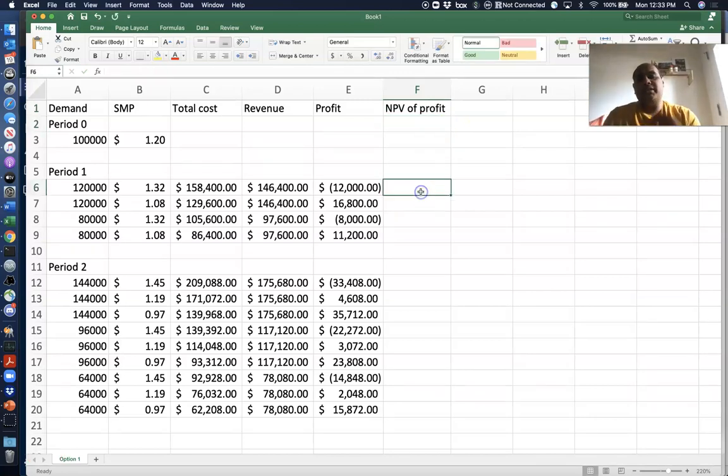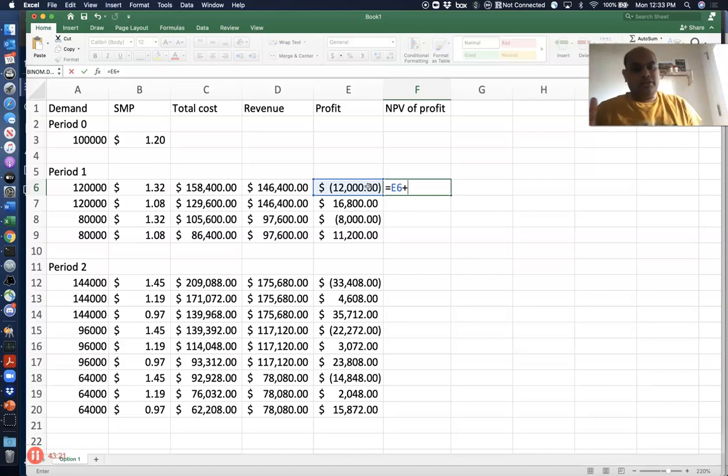When calculating it, you're not only going to include the profit that you make this period. You're also going to include profit that you make from future periods, but at a discounted rate. The discount rate we are saying is 10%, so you're going to multiply everything by 1 divided by 1.1. We'll do that in a second.